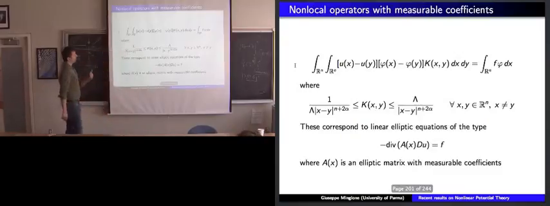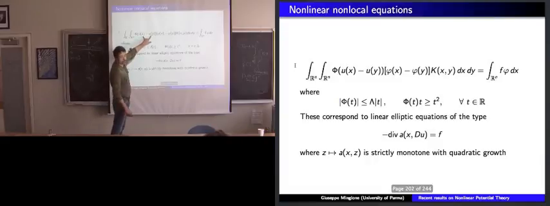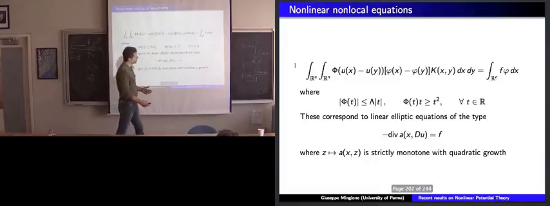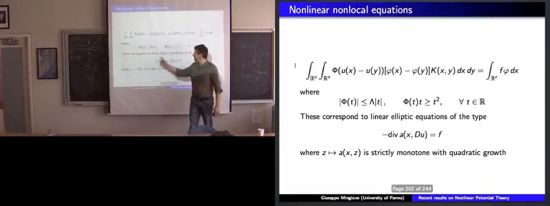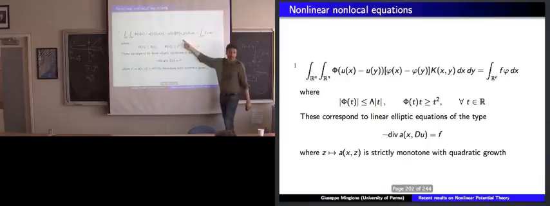But then we want to go to the nonlinear case, and in the nonlinear case, you can just make a composition of this difference with a function that preserves its ellipticity properties in terms of monotonicity and boundedness. While the kernel is still the same one as before.